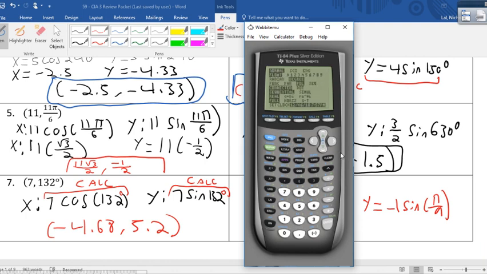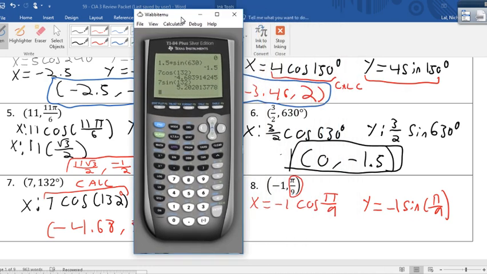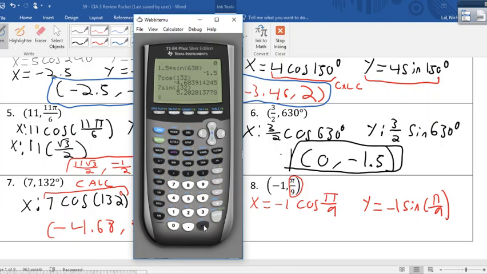Because our angle is in radians, we can switch to radian mode. Then plugging it into the calculator, we put in negative 1 times the cosine of, and then let's put a second parentheses, pi divided by 9, close the parentheses, and then we'll get negative 0.9396.